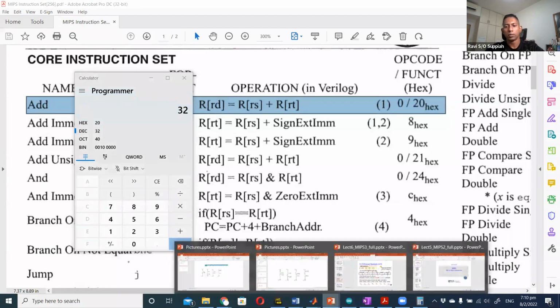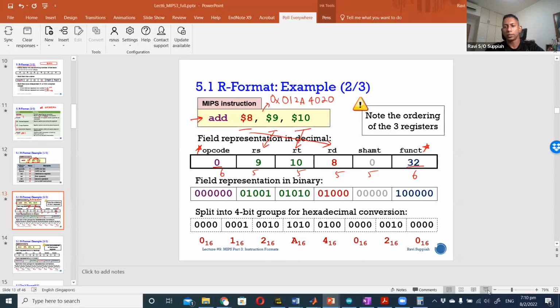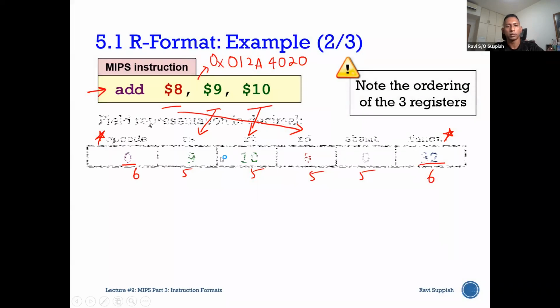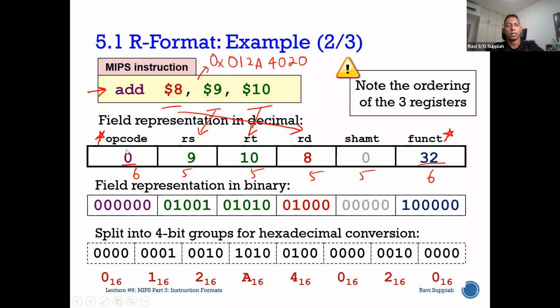So that is how we get the values here. The opcode is 0 and the function field is 32. That is how you decode and get the opcode value and function field by looking at the instruction set document.